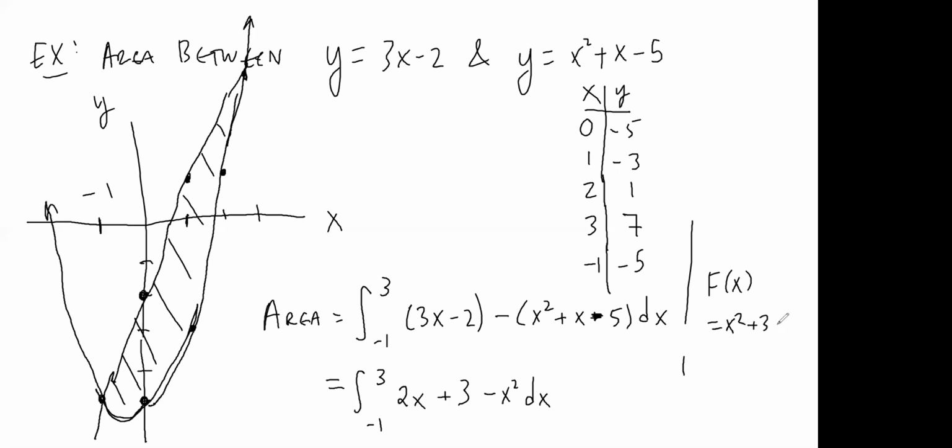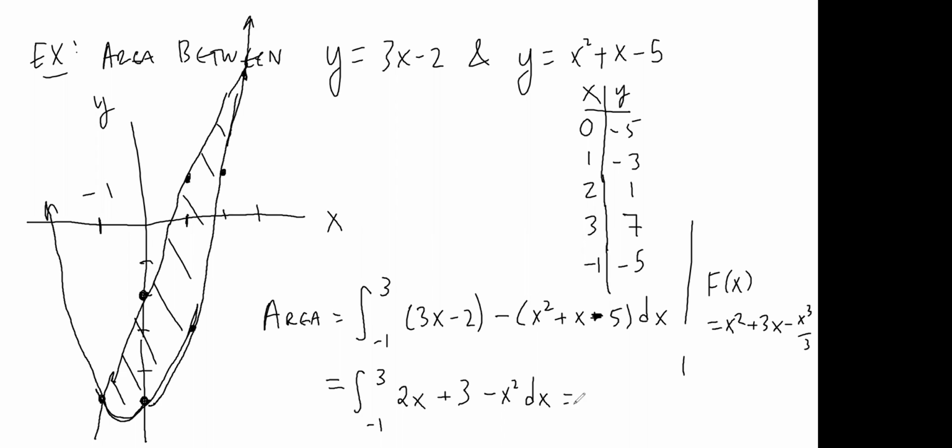That's 3x. And what do I take the derivative of to get -x squared? That would be -x cubed divided by 3, or -1/3 x cubed. And again, plus c, but I can take any answer I want, so I'm going to leave the c off.